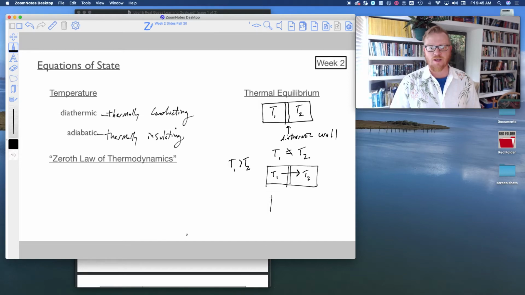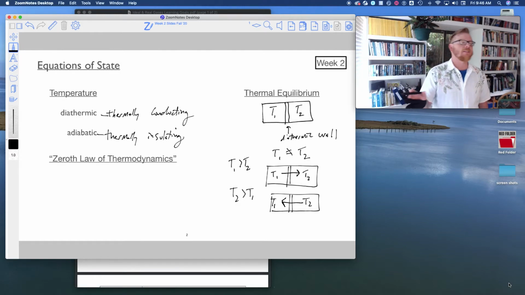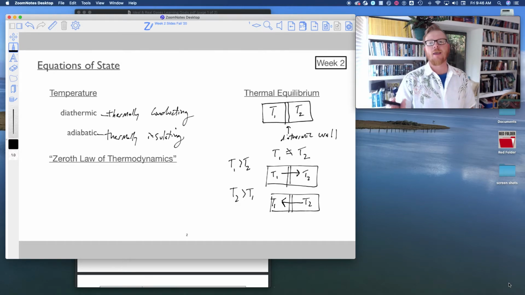And if it's the opposite, if T2 is greater than T1, then heat will flow from the hot object to the cold object.